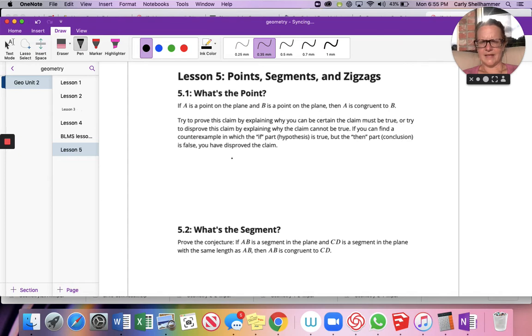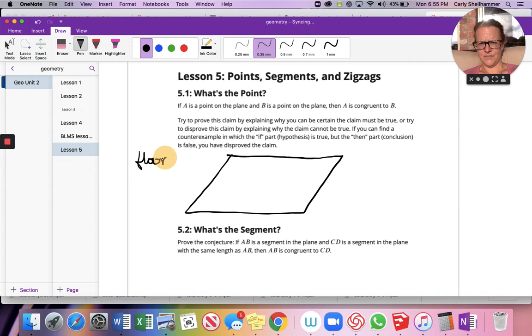A plane on paper looks like that. And how we can picture this in real life is if you just look at the floor. The floor is an example of a plane, okay? Or the ceiling, or a wall, or a table. Okay, those are all considered planes.